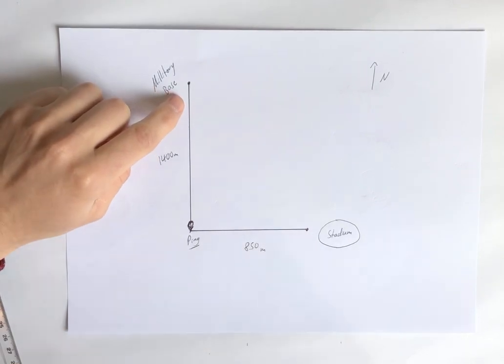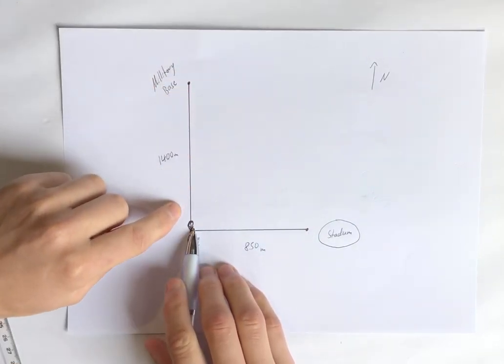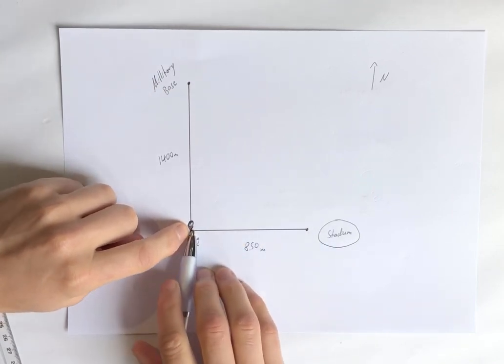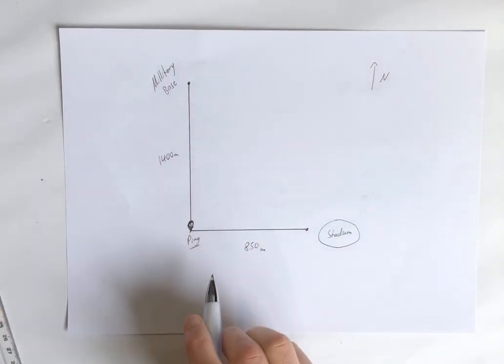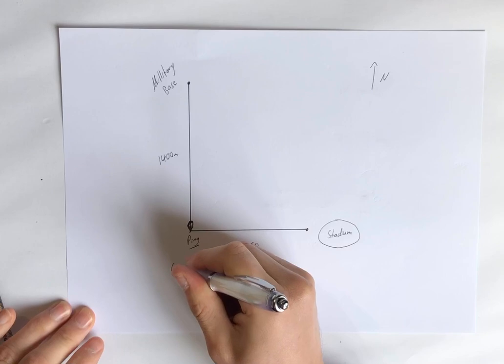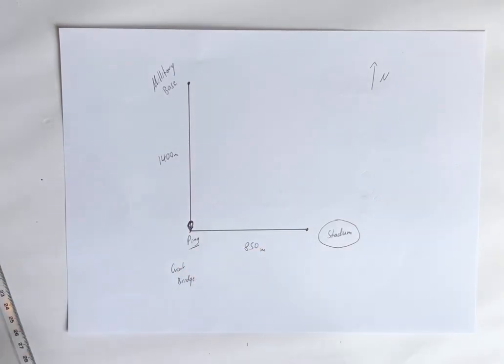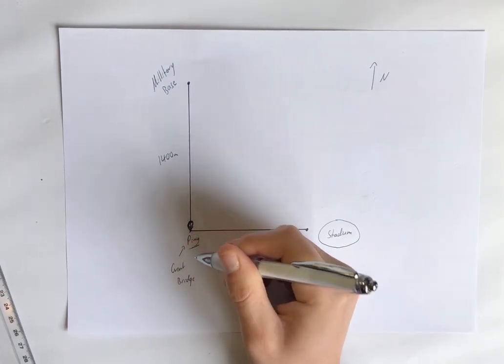Now, they've pinged, one person's pinged directly south and one person's pinged directly west, at the Great Bridge. Let's say that's at the Great Bridge, which probably is a roundabout. So Great Bridge, that's where they're pinged. That's the Great Bridge there.